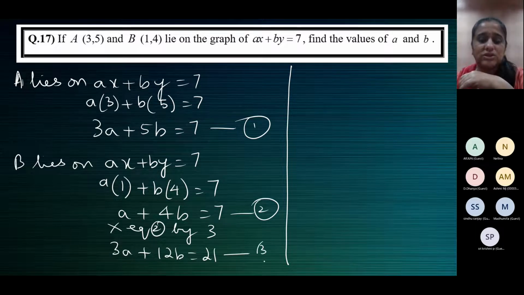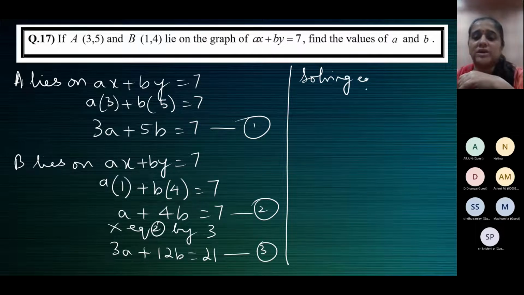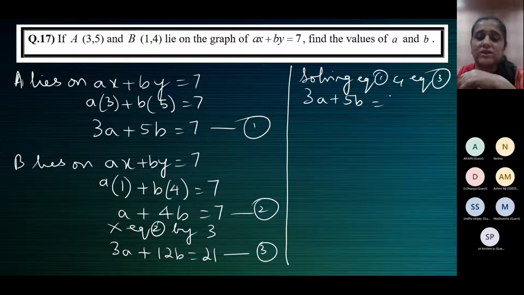You can call this equation 3. Now solving equation 1 and equation 3. What's equation 1? 3A plus 5B is equal to 7. What's equation 3? 3A plus 12B is equal to 21.